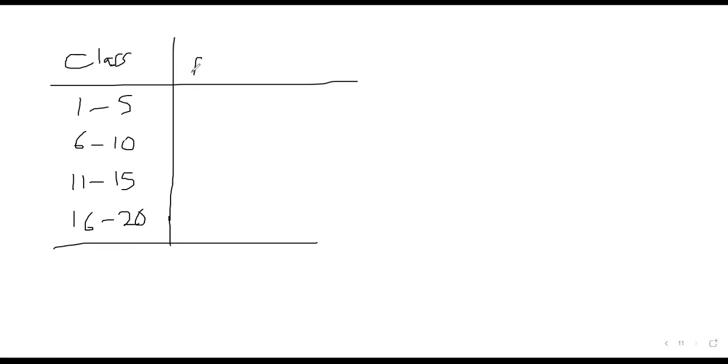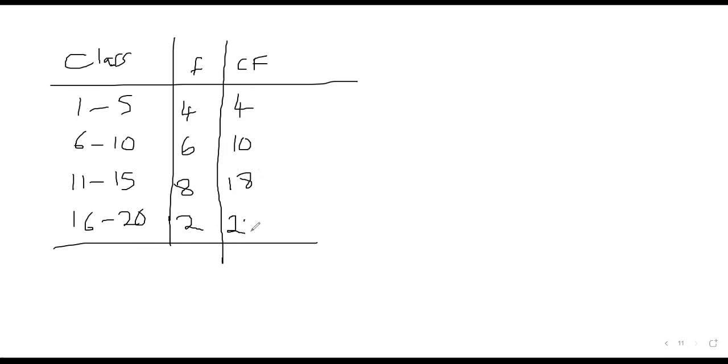You could also have frequencies like 4, 6, 8, and 2. So remember how we came up with the cumulative frequency. It was simply an add-on. We start with a 4, add the 6, get a 10, add the 8, we get 18, add the 2, we get 20. This 20 is our n.